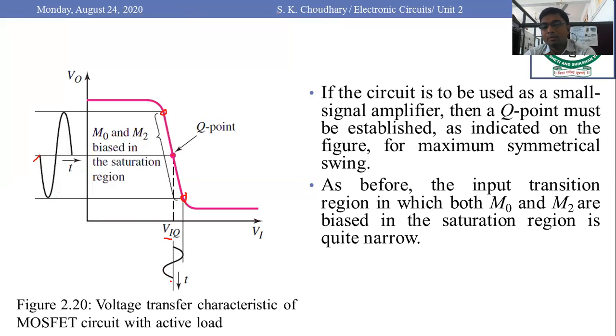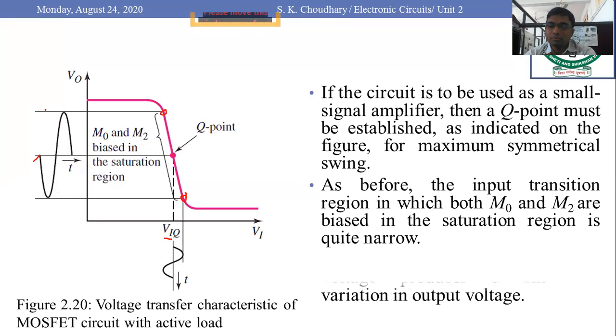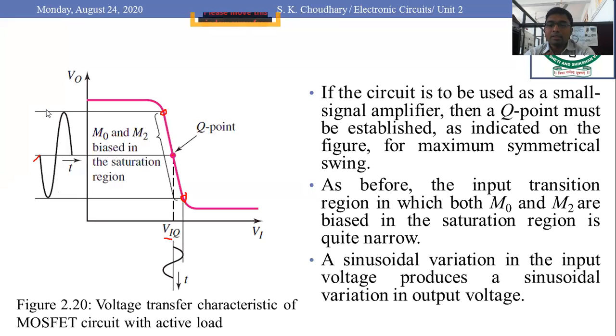For the negative half cycle of input, you get a positive half cycle of the output. So a sinusoidal variation in input voltage produces a sinusoidal variation in output voltage. This is a very important correlation between the driver and the load, and the plot of these voltage transfer characteristics.